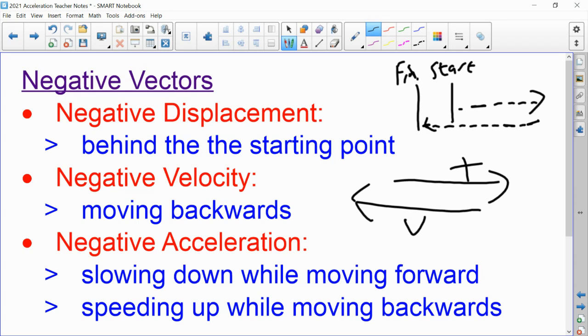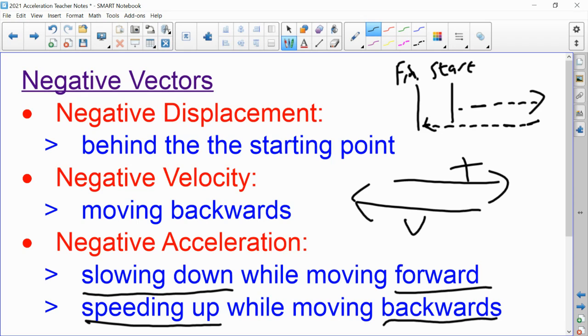Negative acceleration occurs when you are slowing down while you're moving forward, or the opposite, if you're speeding up while you're moving backwards. Either one of those will cause the acceleration to be negative.